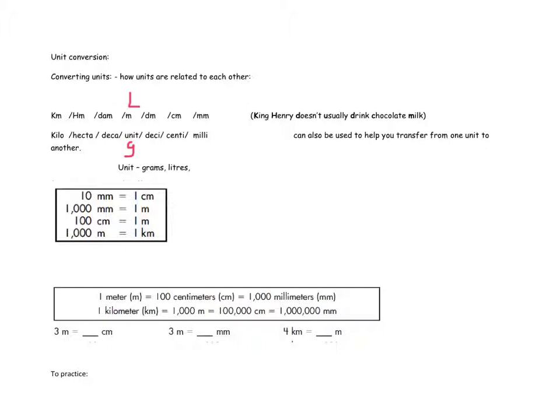So the unit one goes right in the middle there. And then we have decimeters, deciliters, decigrams. Then we have centimeters, centiliters, centigrams, and last we have millimeters, milliliters, milligrams.